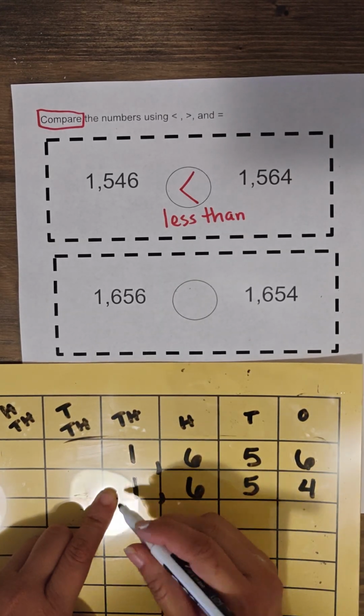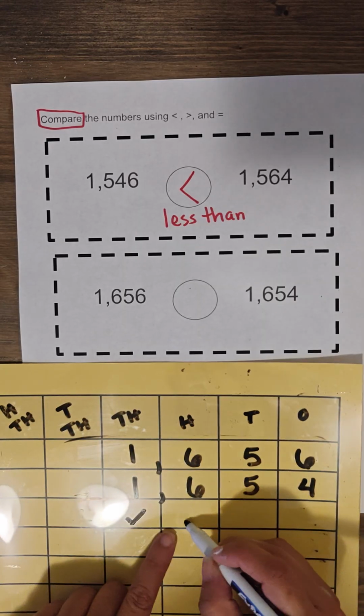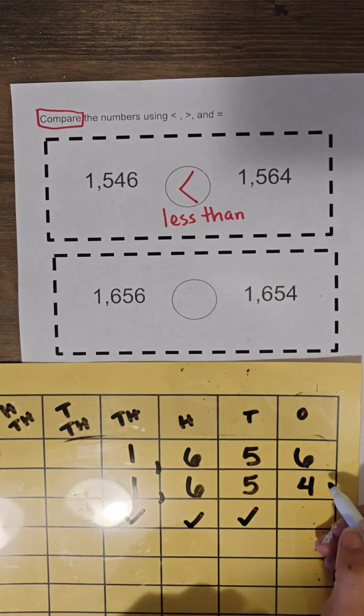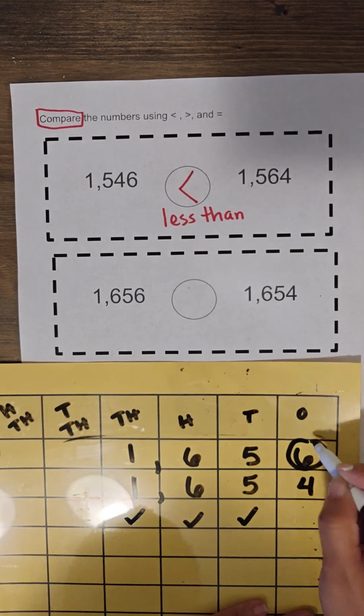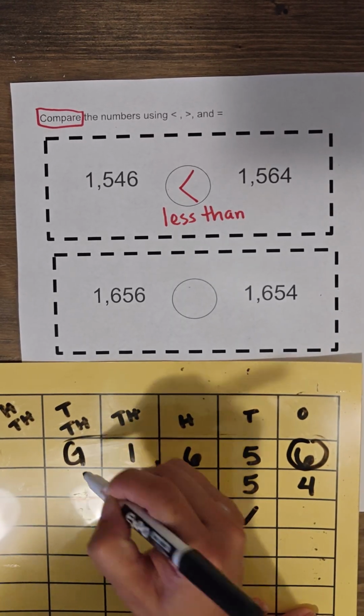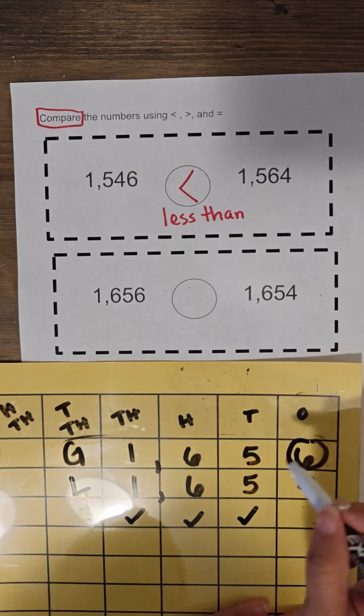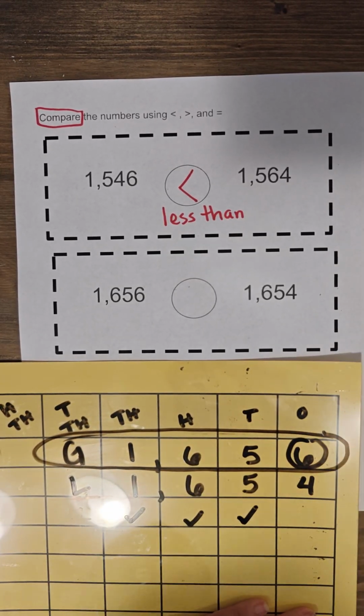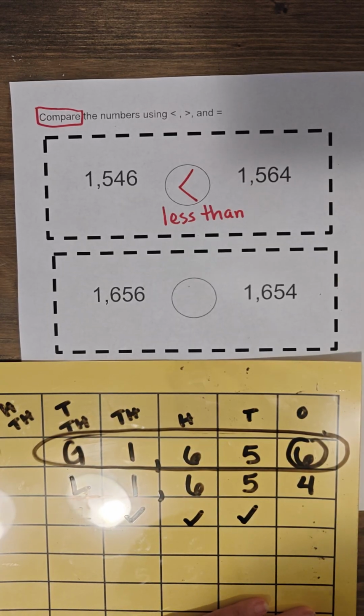The 1 and the 1 are the same. 6 and 6 are the same. 5 and 5 are the same. And then we get to the ones place. The 6 is bigger. That means this is greater. And this is less than. The first number is the one that we're looking at. That's the one that decides what symbol we're using.